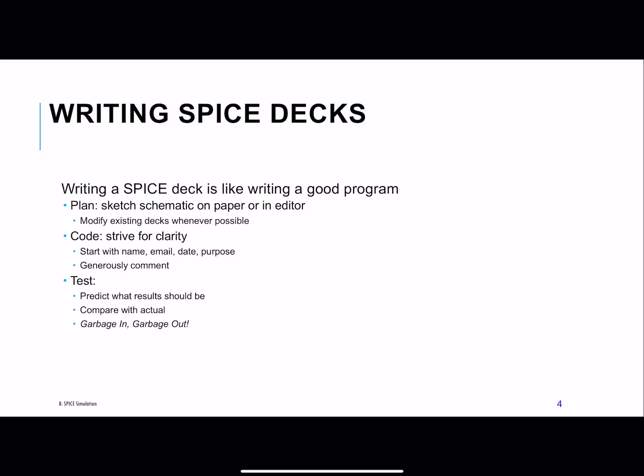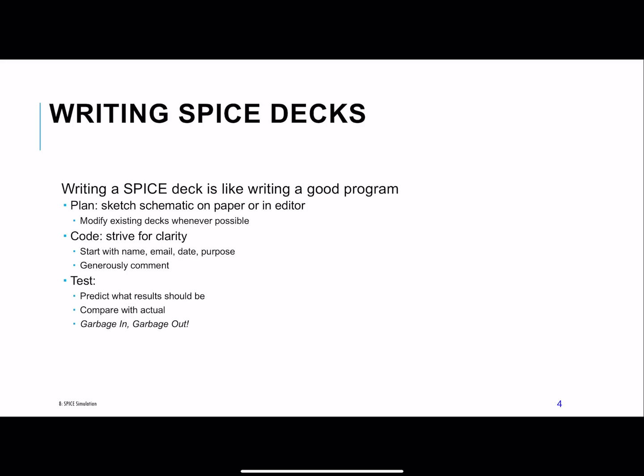There's the actual writing of a SPICE deck. You can give it a netlist, or most of the time we actually draw a schematic and our tools translate it to a netlist directly. But it's still worthwhile to be able to look at the netlist.